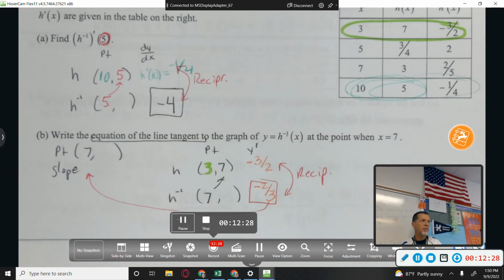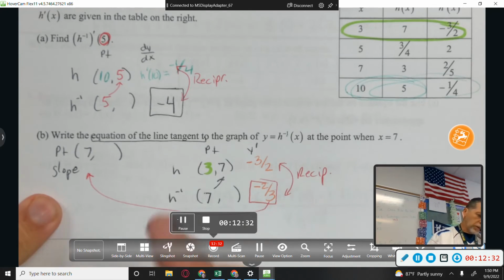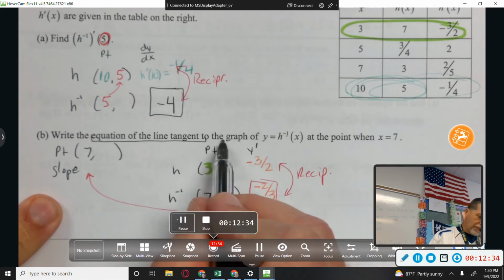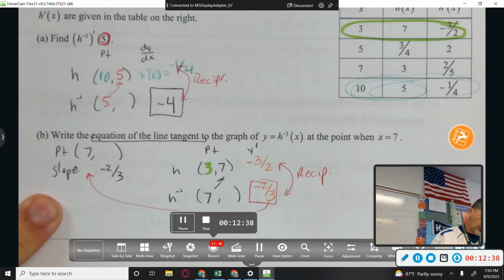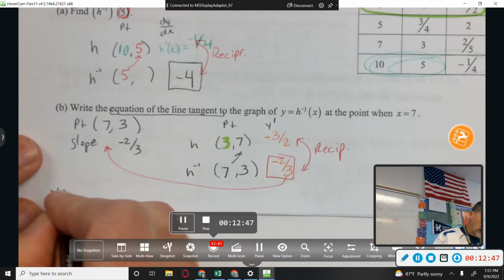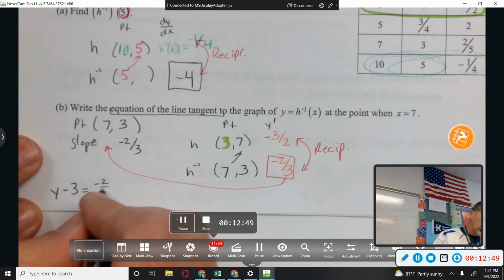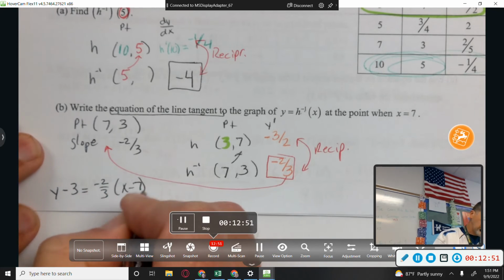Able to piece together who goes where? So the slope we're using, because we want the tangent to the graph of the inverse, is negative 2/3. And the point is 7 comma 3 because the x and y trade places. And so now it's just y minus 3 equals negative 2/3 times x minus 7.